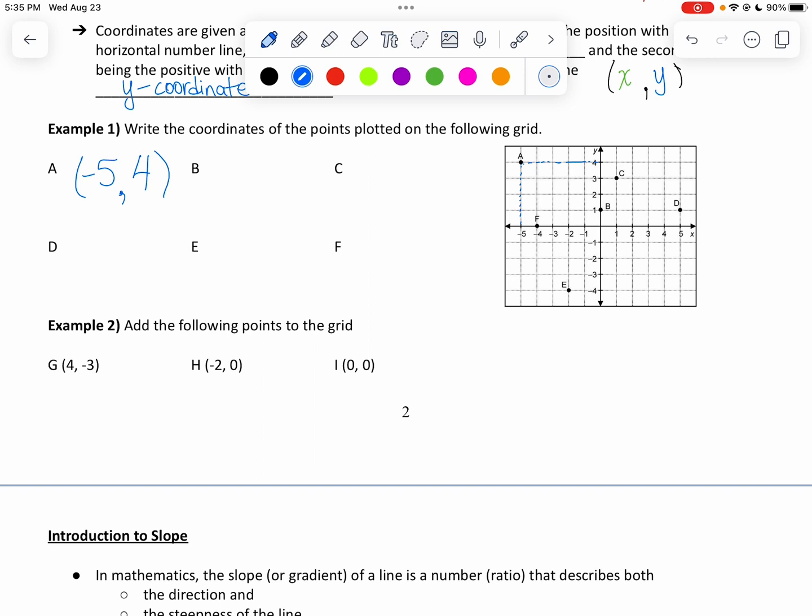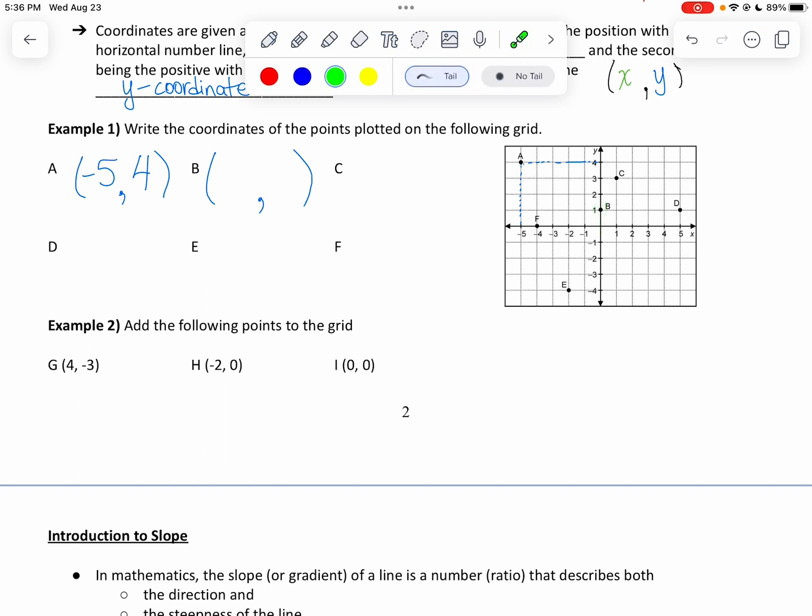Okay, now let's do it for B. So same thing, we're finding what's the x-coordinate, what's the y-coordinate. We're looking at the point right here, which means in this case, we haven't actually traveled to the right or the left at all. So because we're sitting right on the y-axis, our x value is actually 0.